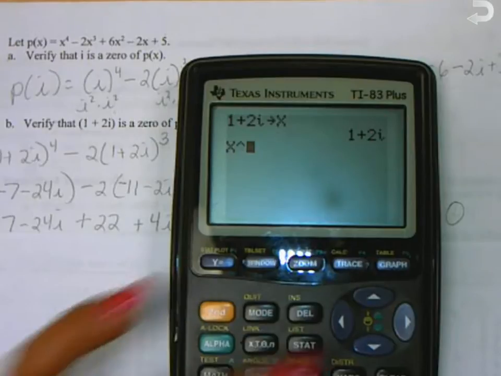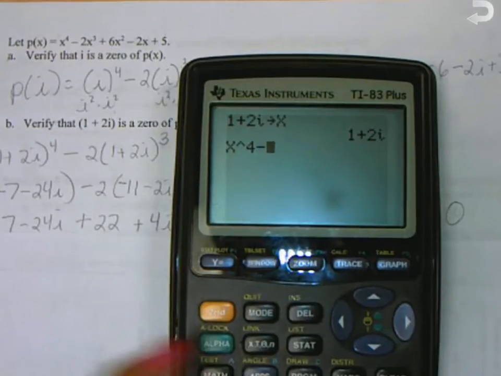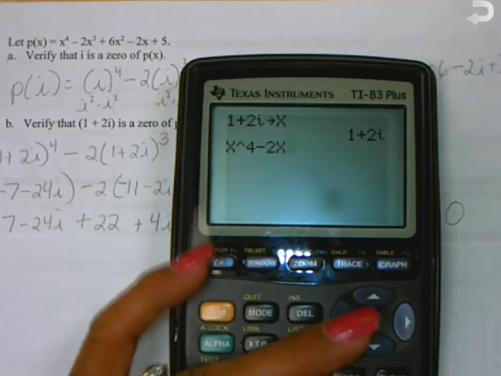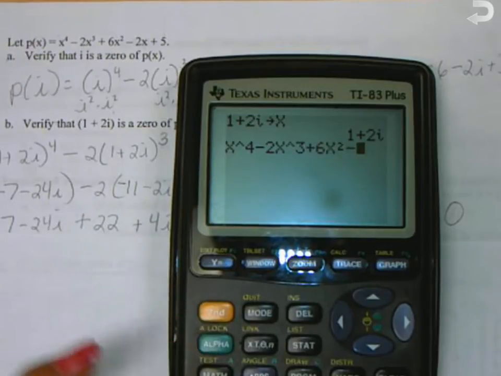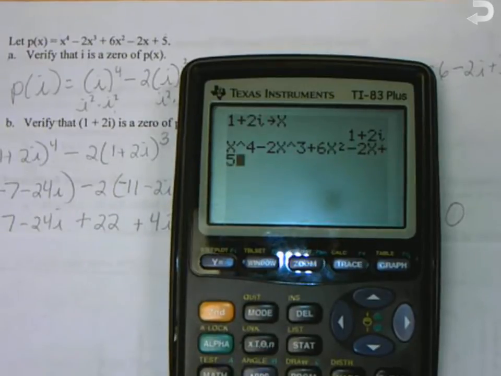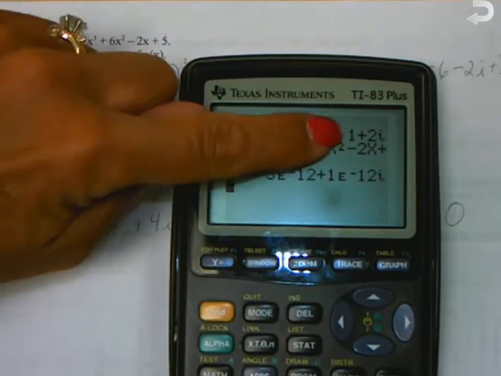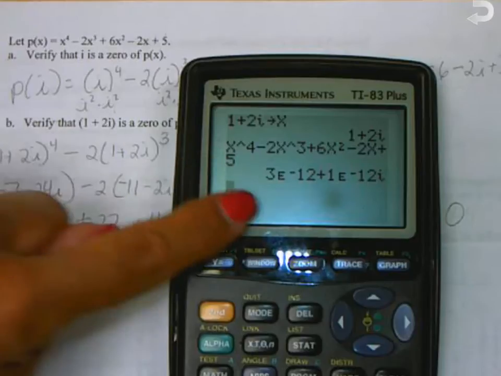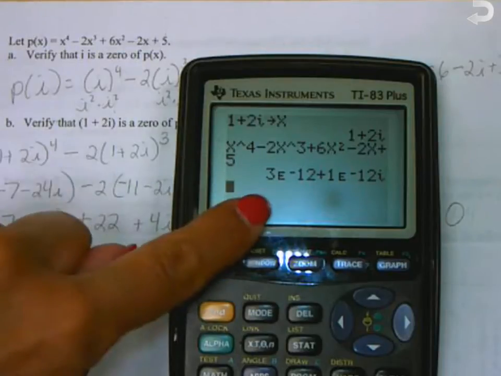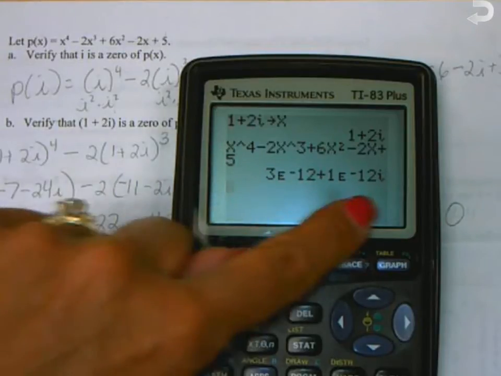And now I'm going to type in my polynomial of x to the 4th minus 2x to the 3rd, etc. So x to the 4th minus 2x to the 3rd power plus 6x squared minus 2x plus 5. And 1 plus 2i is what I had stored as x.